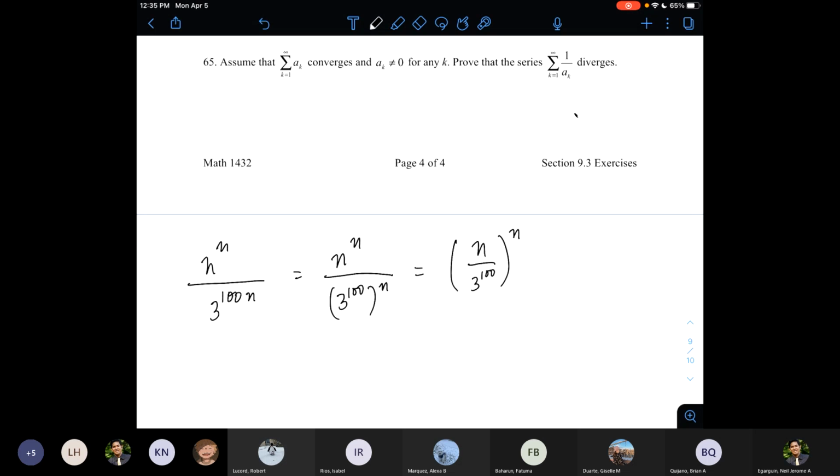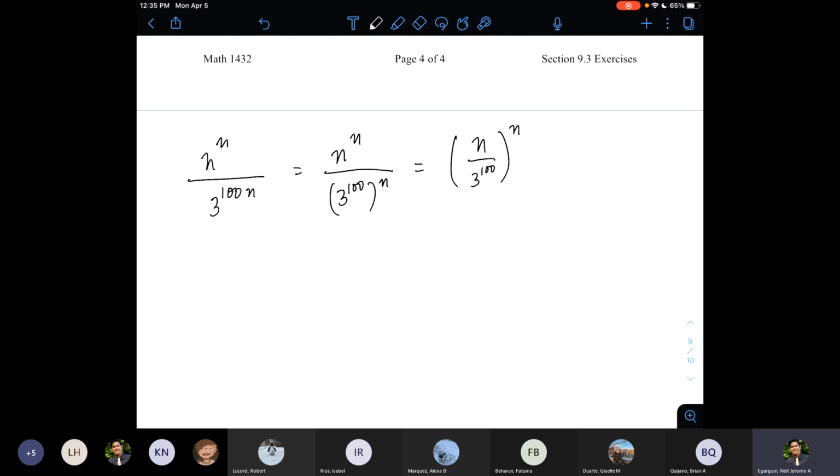Well, this will be divergent because really the numerator grows a lot faster in the long run than 3 to the 100 to the power n.